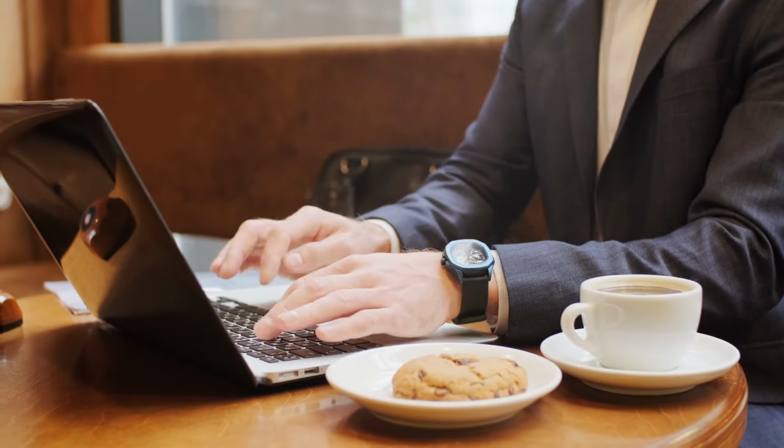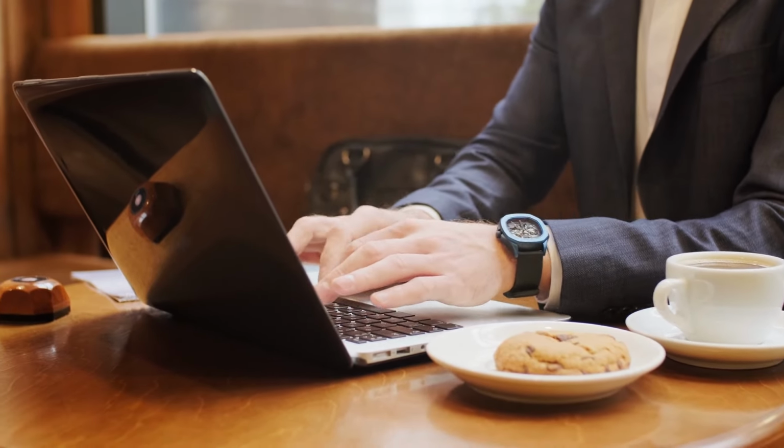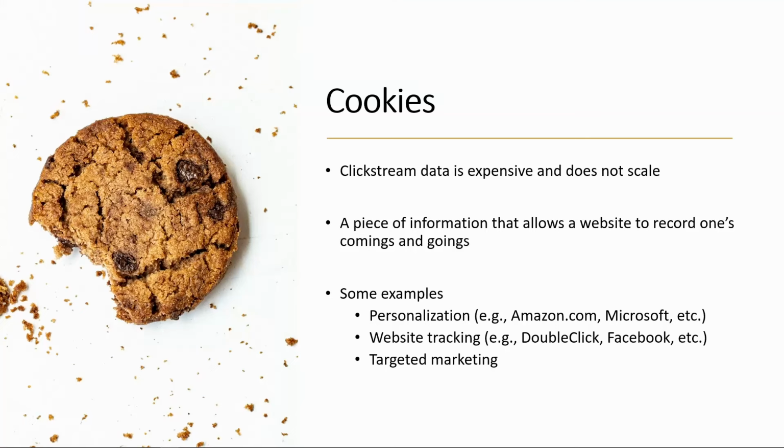So some examples of applications of cookies include personalization, website tracking, targeted marketing, and a similar technology can be used on mobile app tracking as well. I mean, in a way, mobile apps are just glorified browsers.